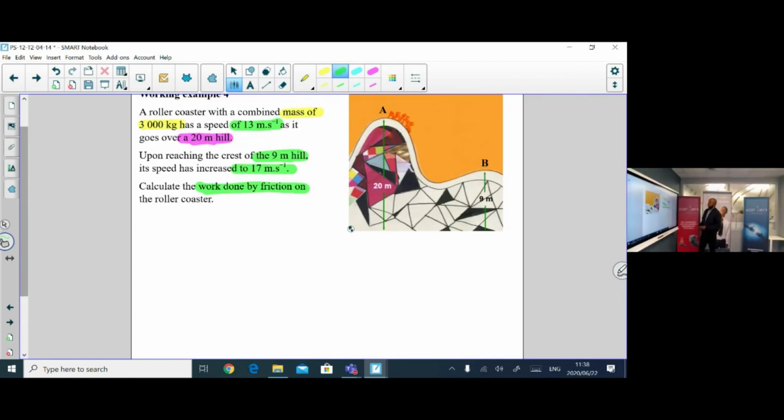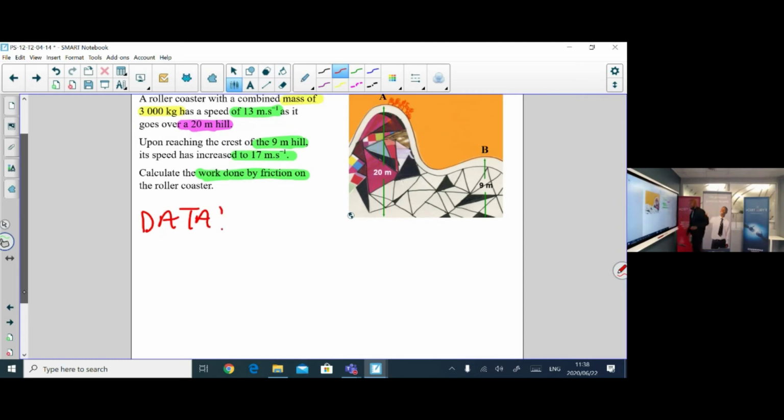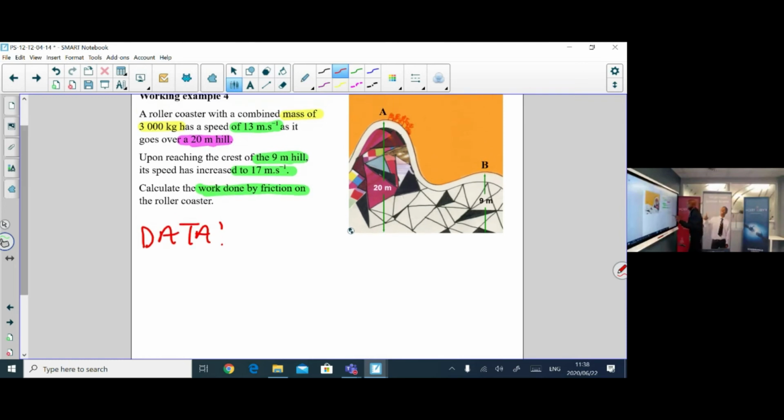All right. I told you earlier that all the time you have to write down the given information as data. This is very, very much important. It's going to help you not make mistakes. Okay, your mass there was 3,000 in kilograms.